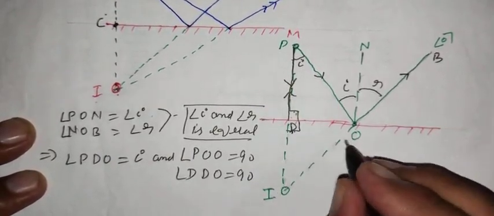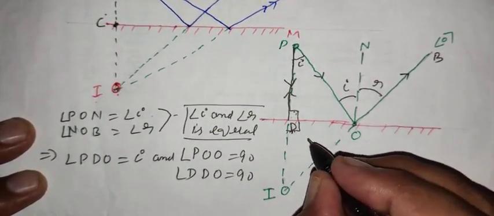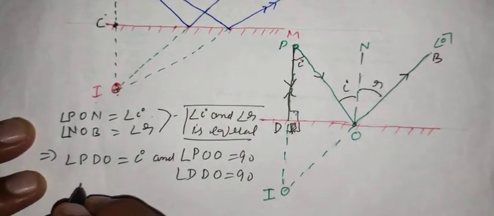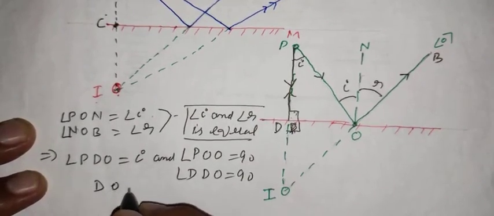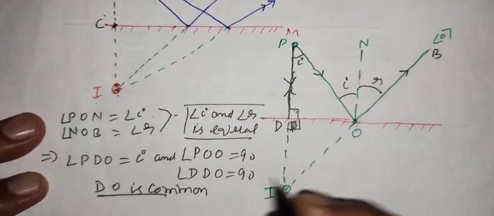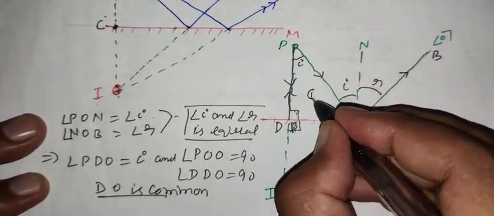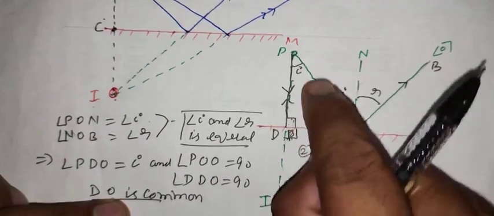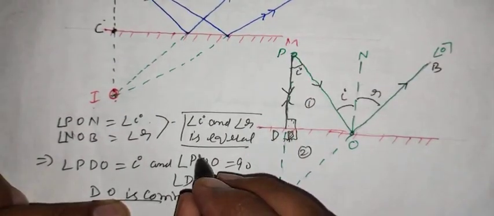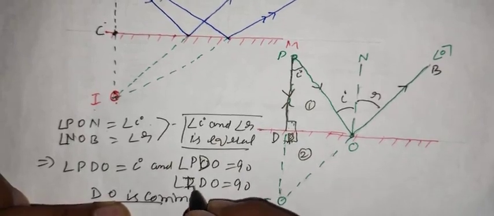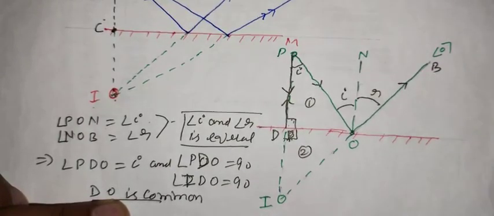And see, this is D. So side DO is common in both triangle number 1 and triangle number 2. This PDO and the second angle IDO are both 90 degrees.